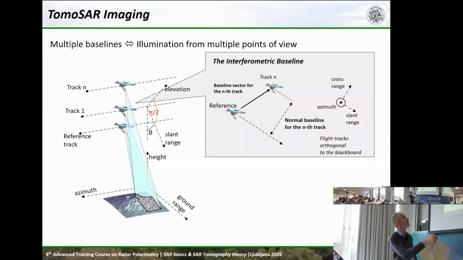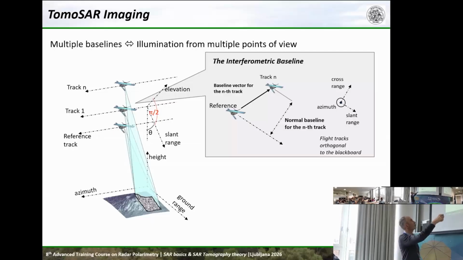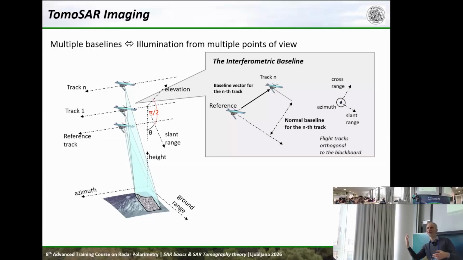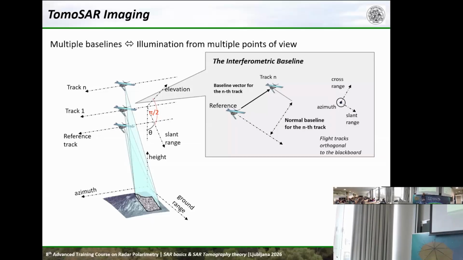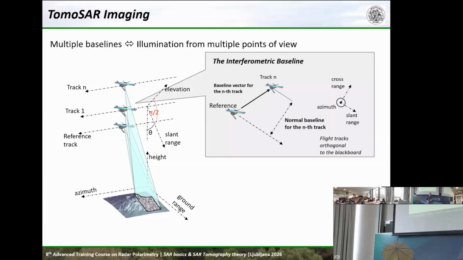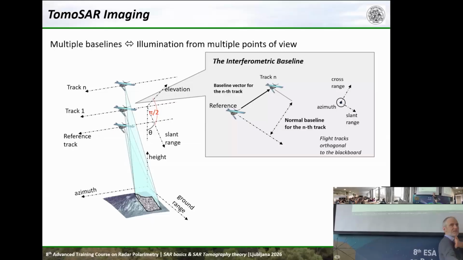the baseline is just this vector in this plane. This plane, if it's not clear, just imagine that I fly many trajectories in this direction. So you fix one particular coordinate, and so it's this plane we are talking about.